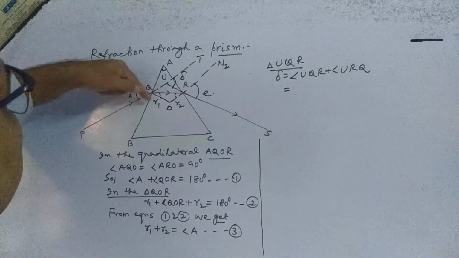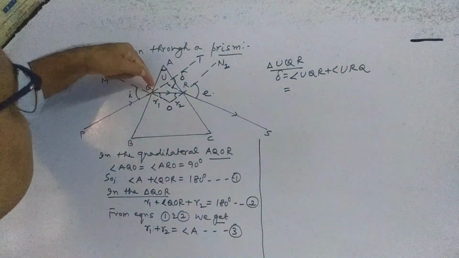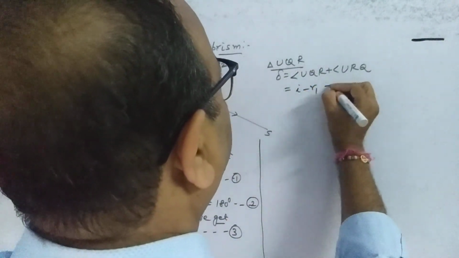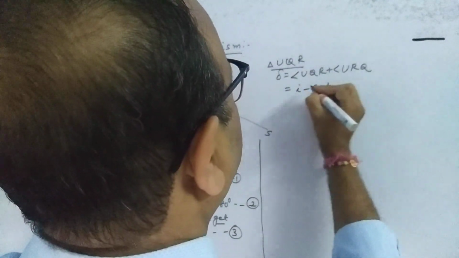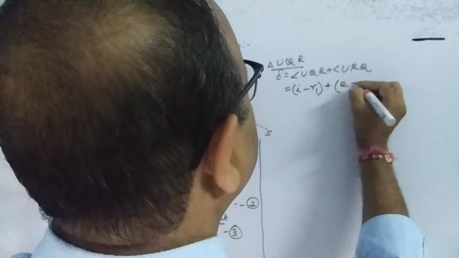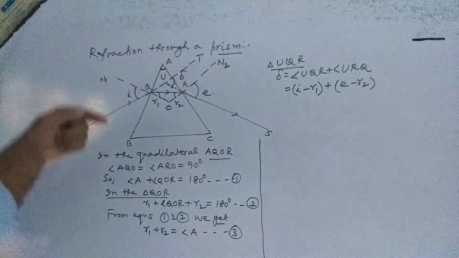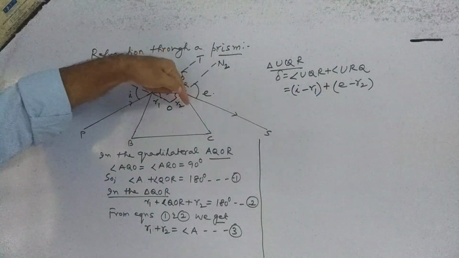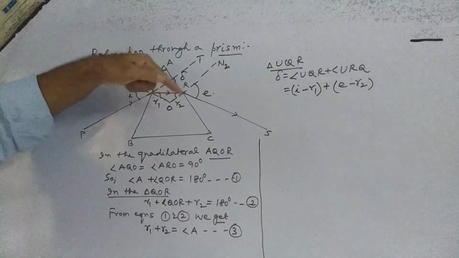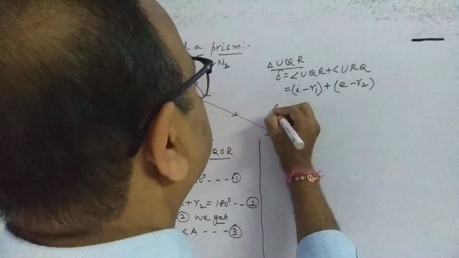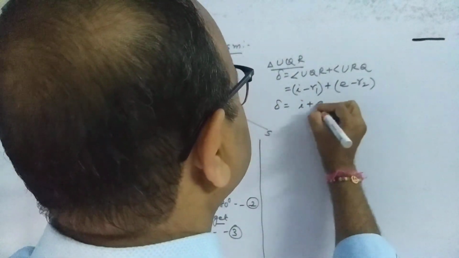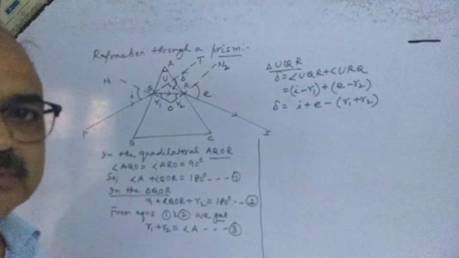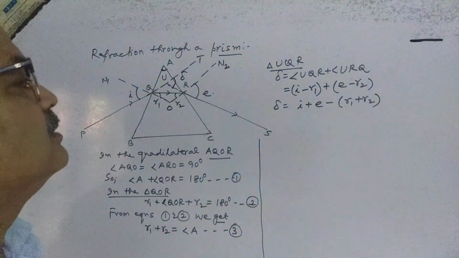See, this whole angle is I, so angle UQR should be I minus R1, plus, here it is E minus R2. It is simple geometry. This whole angle is equal to its vertically opposite angle, and here also this whole angle is vertically opposite. So the remaining will be this. So delta should be I plus E minus (R1 plus R2). Delta is equal to I plus E, minus this value.